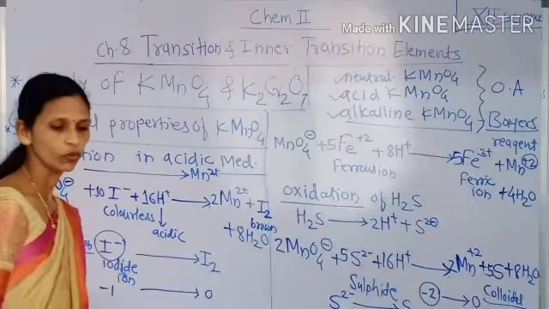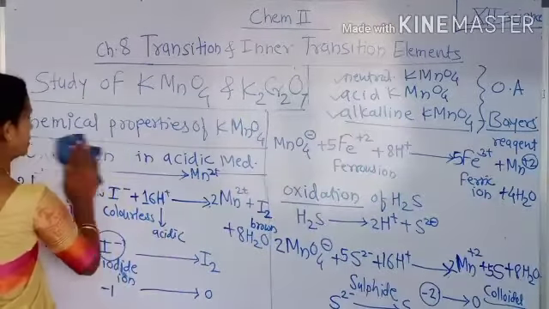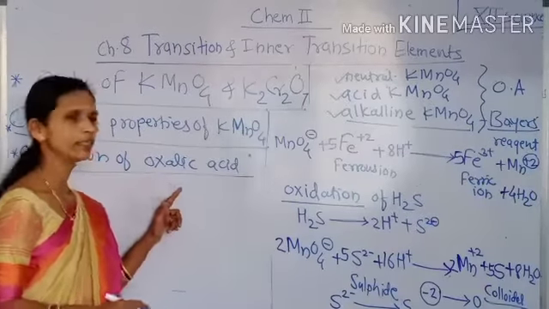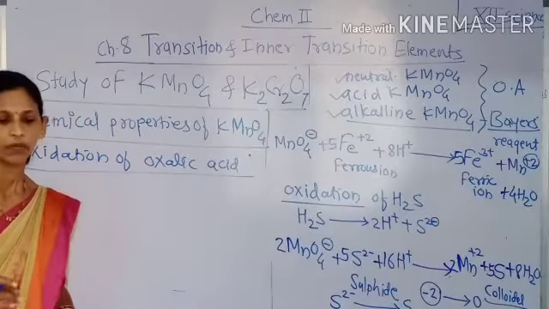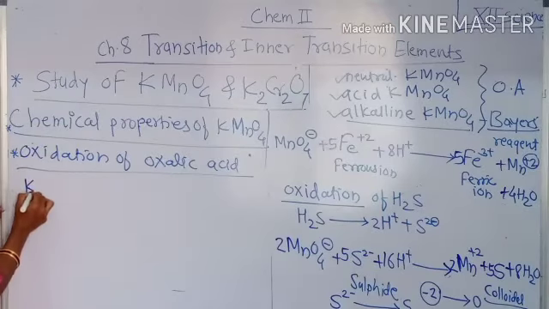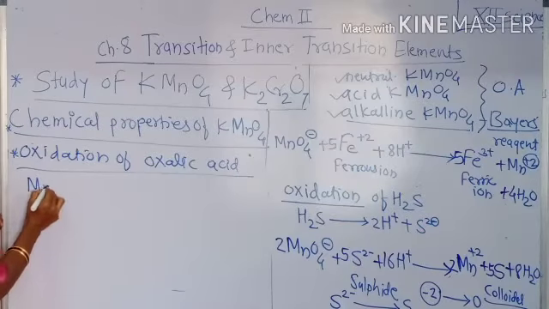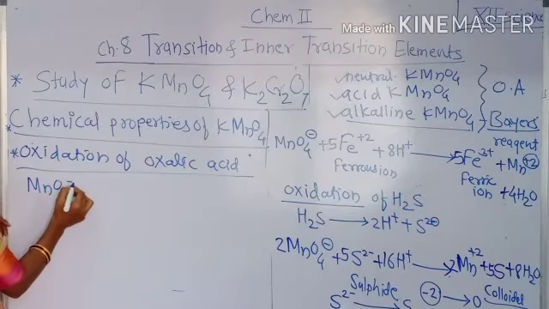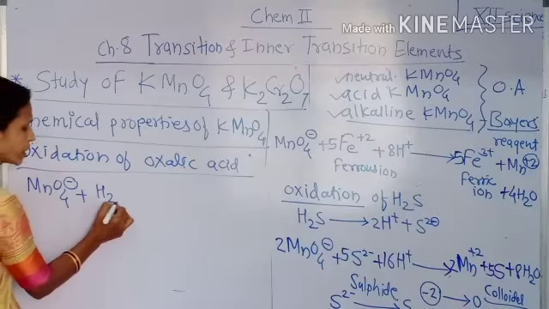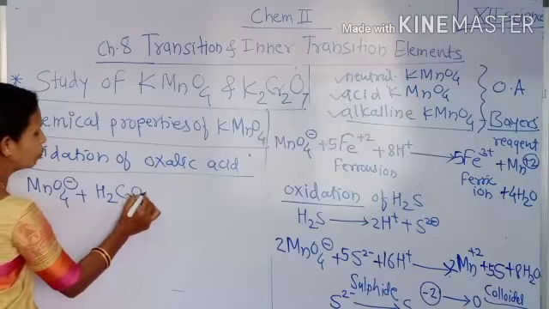Similarly, we have to discuss the oxidation of oxalic acid. The oxidation of oxalic acid also takes place using potassium permanganate. We see here potassium permanganate, that is KMnO4, which contains the MnO4 minus ion, which oxidizes oxalic acid, having the chemical formula H2C2O4.